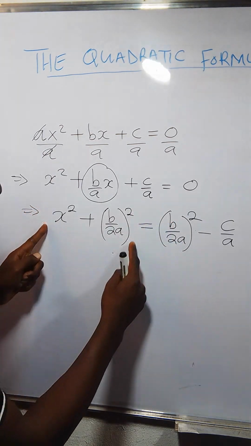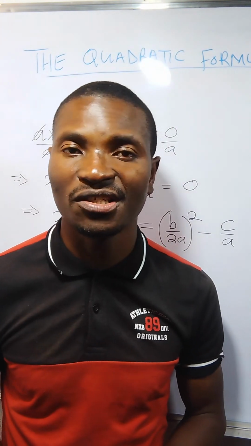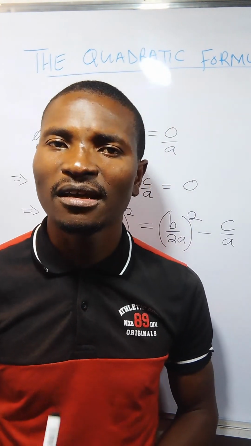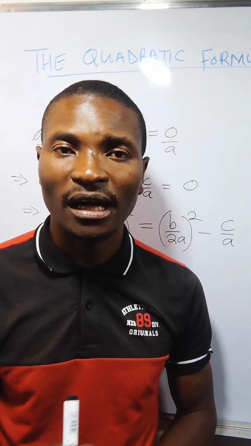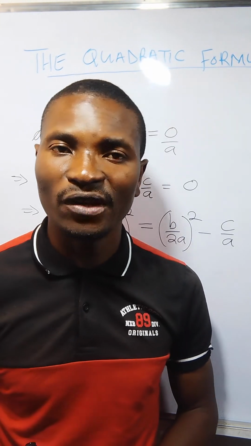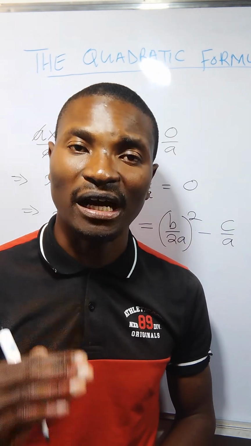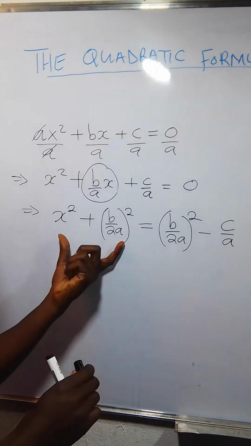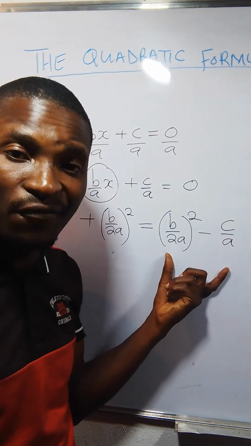Now at this point, we are going to apply what is known as factorization. Factorization is something that you already know, guys. It started from our grade 8 and continues until you finish your grade 12. So in this video, at this stage, we are going to factorize what is on the left-hand side, and then we are going to simplify this part.